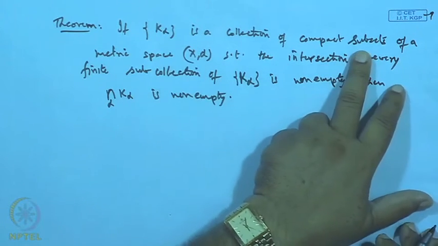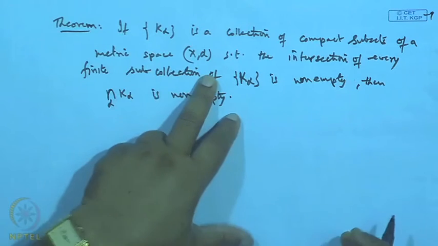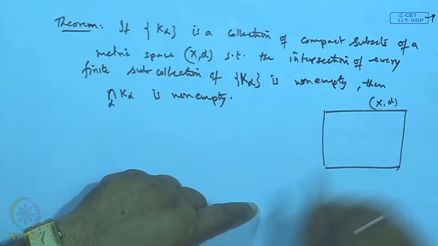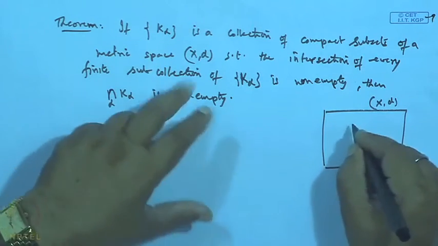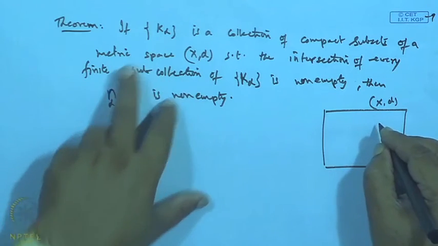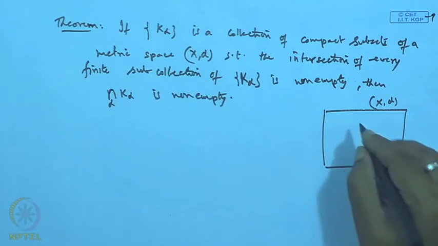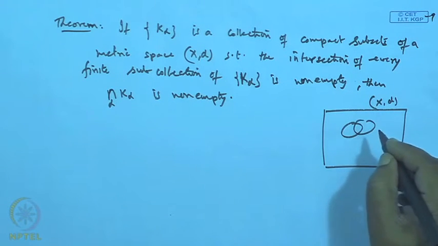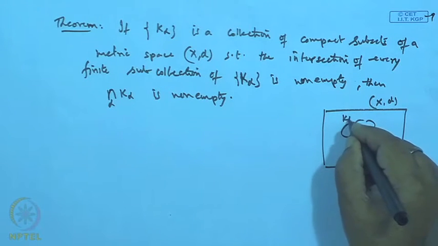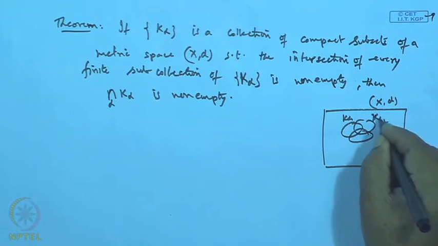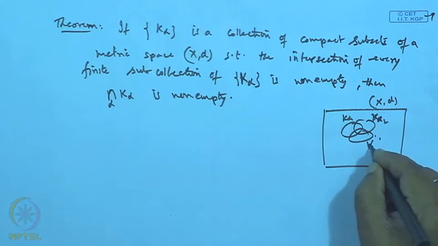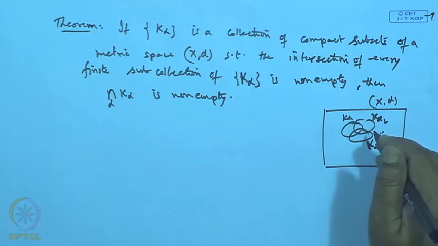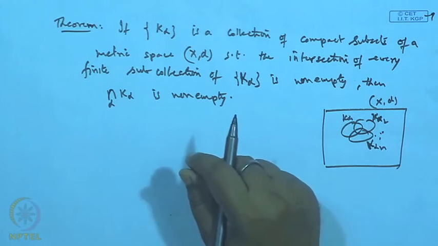If K alpha is a collection of compact subsets of a metric space X, d, this is our X, and K 1, K 2, K n, these are the compact subsets of this X. If we take the finite intersection of K alpha 1, K alpha 2, say K alpha n, and each finite intersection is a non-empty set, then the arbitrary intersection will be non-empty.